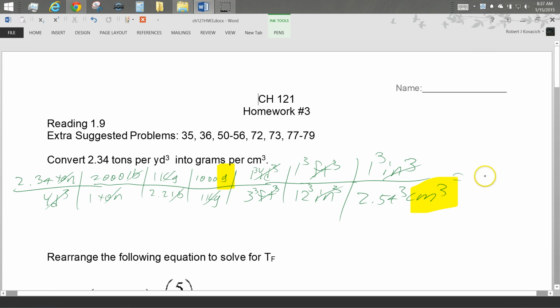And it looks like 2.78 grams per centimeter cubed. We good with that?